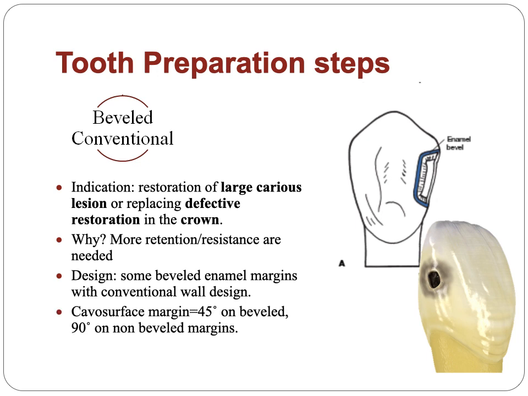So the cavosurface margin will be 45 degrees on the beveled area, and the area that doesn't have bevel will be 90 degrees like amalgam walls, and the external wall should be perpendicular to the enamel surface. And you can see exactly the shape of the cavity in this photo. You can see that we have enamel bevel, and the other part of the cavity is conventional design.